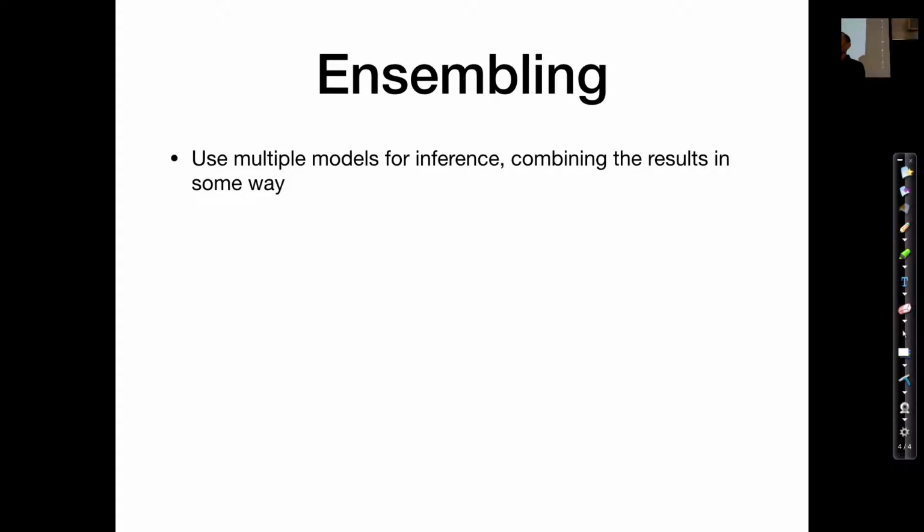We can do the same sort of thing with just different models. If we've got model A, model B, model C, we train them separately, and then we'll probably generalize better if we use the best of 3 or average result rather than just one.